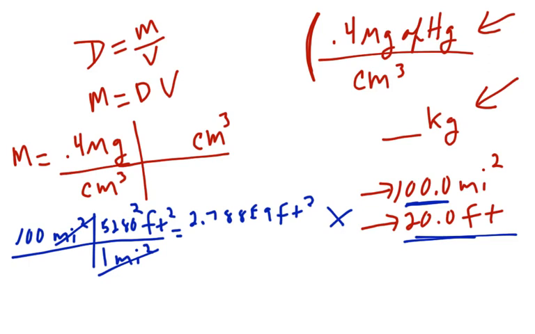And that 20.0 is 3 sig figs. So when I do that, I'm going to get 5.58, I just need 3 sig figs, E10 cubic feet. Sorry, I just took it times my third dimension. So now I have cubic feet.